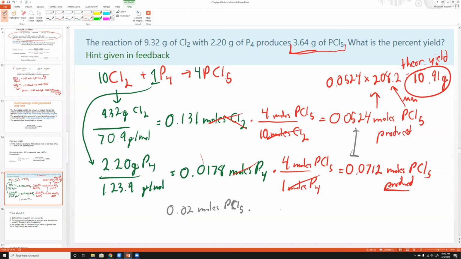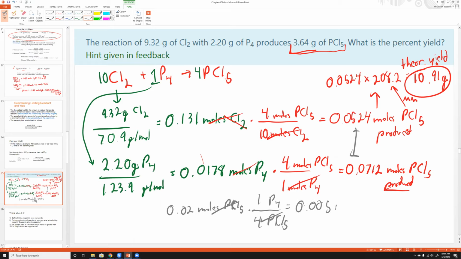And then we can say that for every 4 moles of PCl5 produced, 1 mole of P4 is responsible for it. So 4 moles of PCl5, 1 mole of P4. So the moles of PCl5 cancel out, and you get 0.02 divided by 4, and you get 0.005.